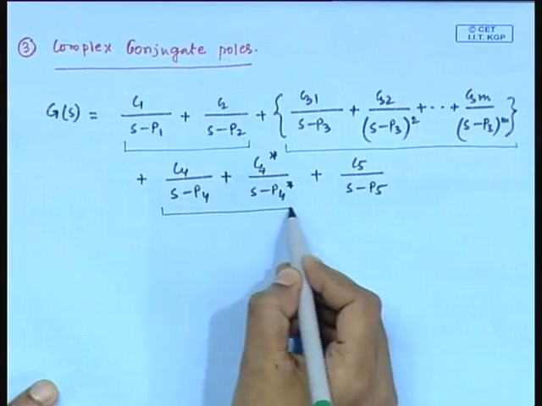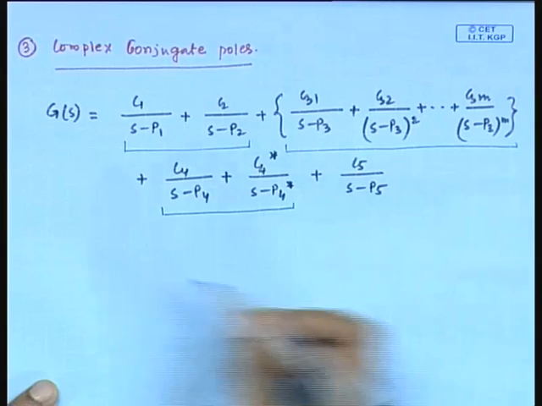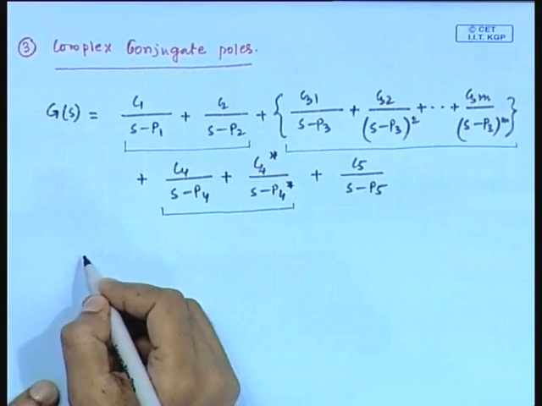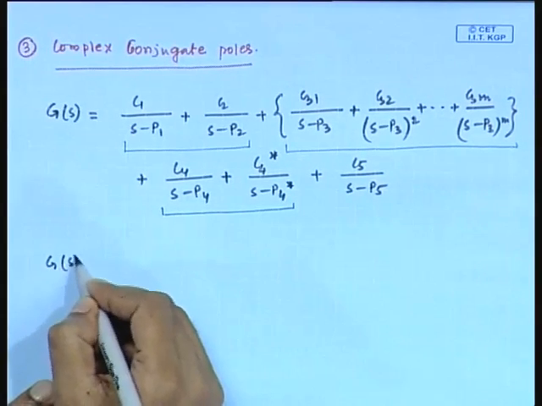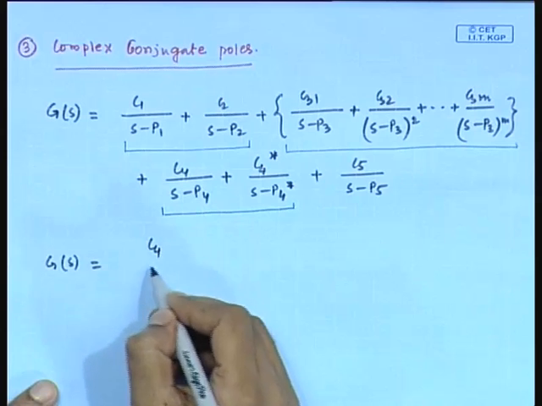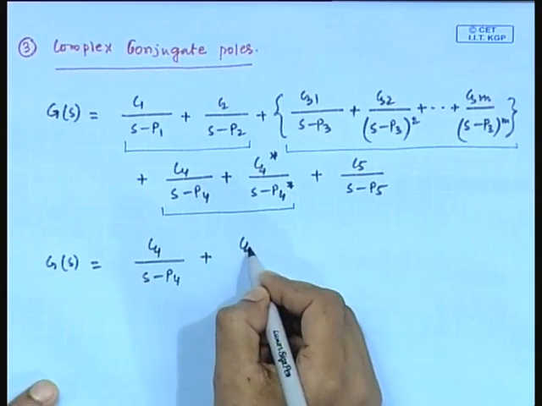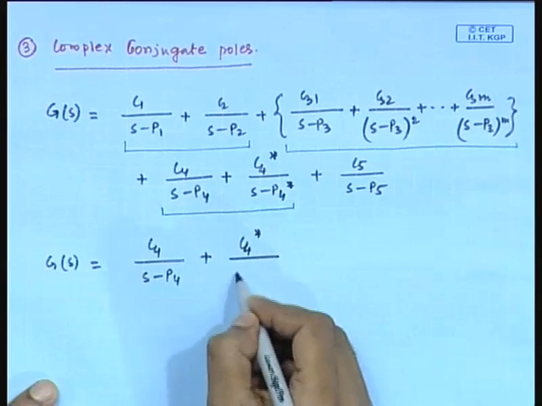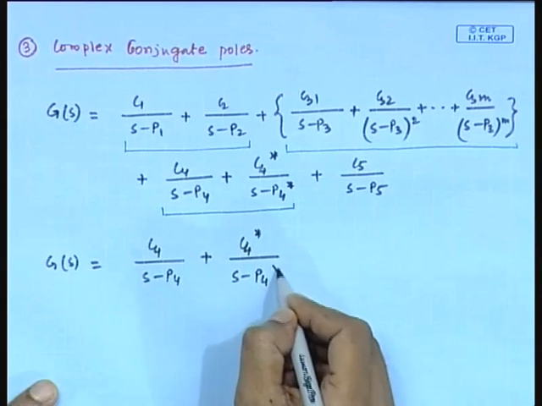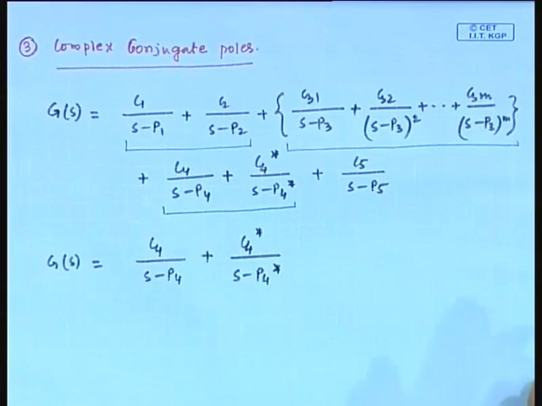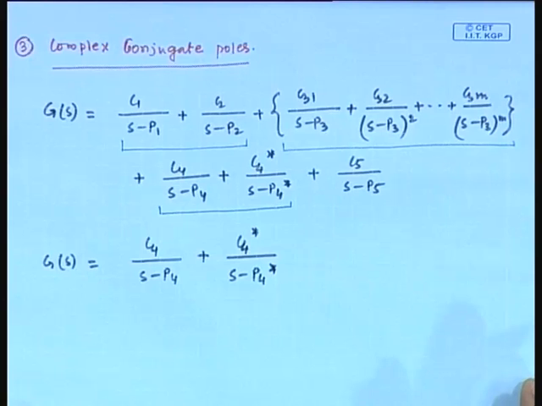Now, we will consider this part, I mean the transfer function reduces to C4 over s minus P4 plus C4 star over s minus P4 star. Fine. Now, the two complex conjugate poles are P4 and P4 star.